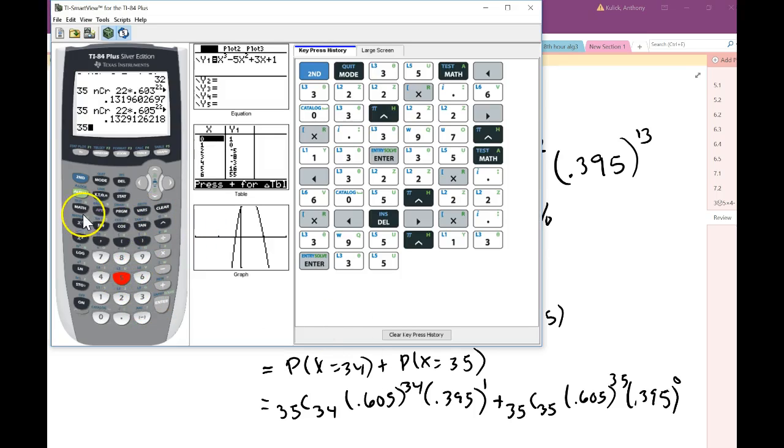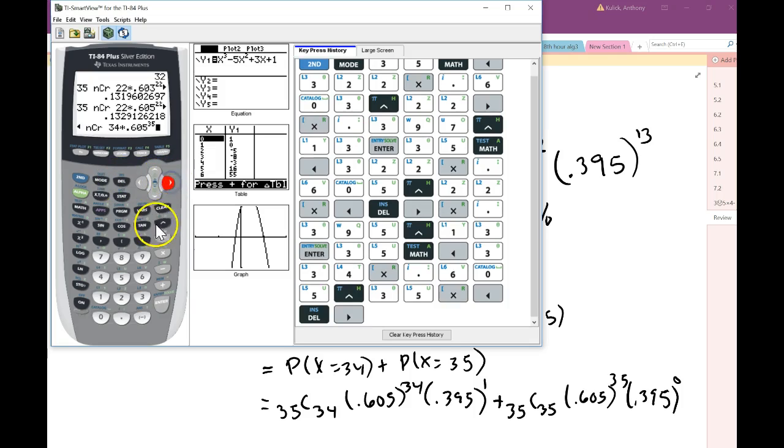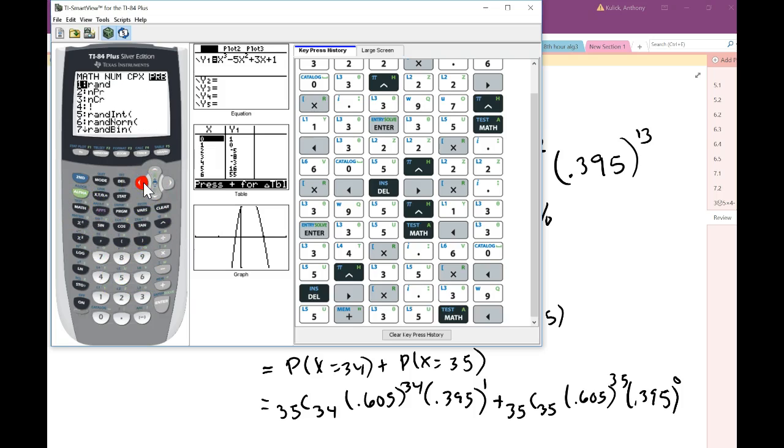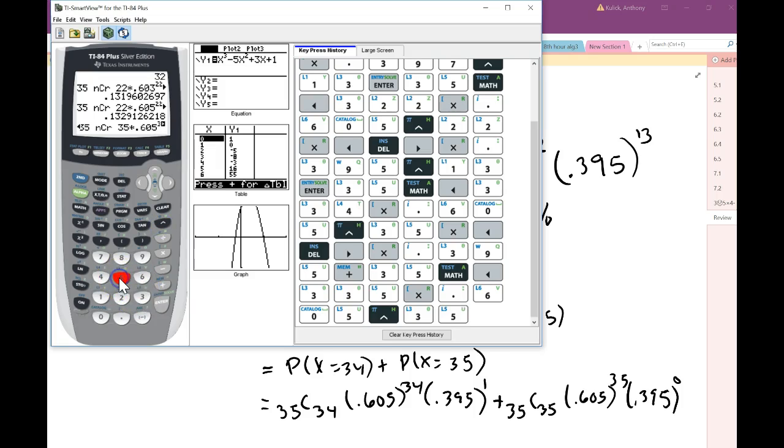So 35, math, probability, nCr, 34, times 0.605 to the 34th, times 0.395, plus 35, math, probability, nCr, 35, times 0.605 to the 35th.